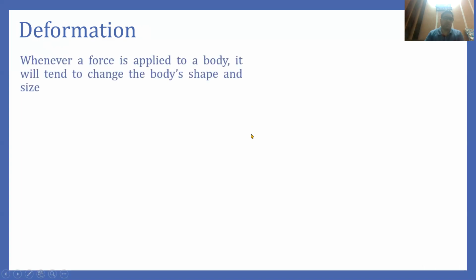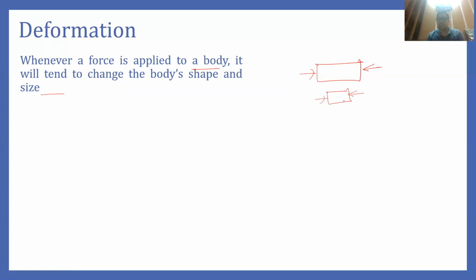Now coming to another topic, that is about deformation. First we need to understand what deformation is. Well, deformation is when a force is applied to a body, it will tend to change the body's shape and size. For example, if this is a body subjected to a compressive force, then this body will tend to compress.